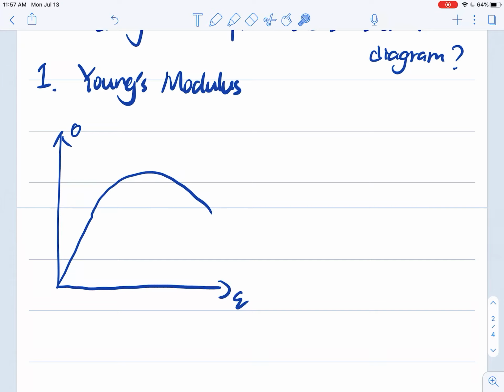If you look at the stress strain diagram, there's a linear section. Most metal materials would have this linear section at the beginning of the curve, and the slope of that linear section is the Young's modulus.